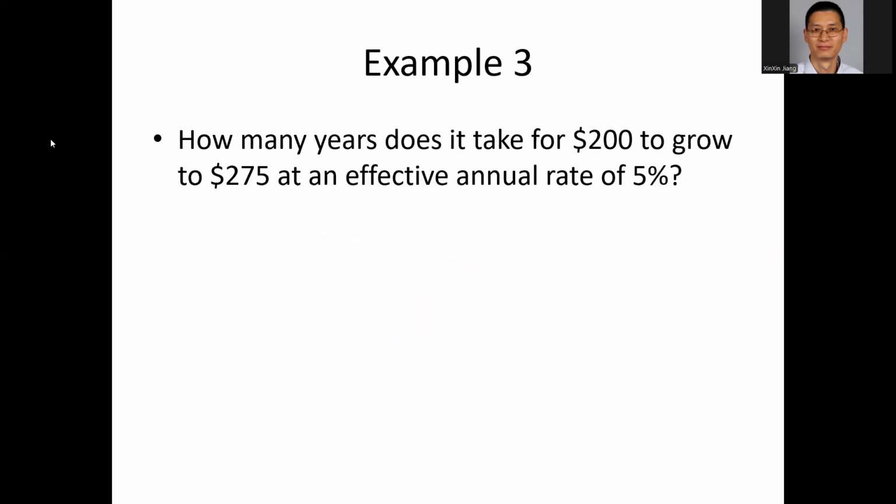Now we're looking for time. How many years does it take for $200 to grow to 275 at an effective annual rate of 5%? So you still use this formula. That's t.